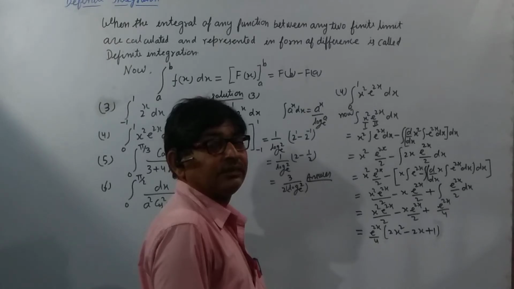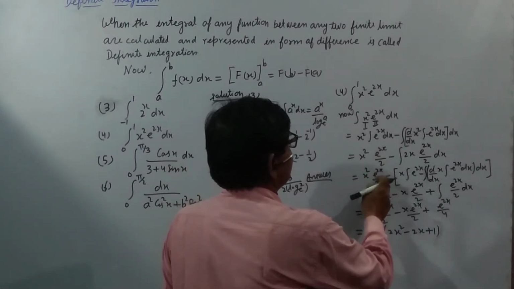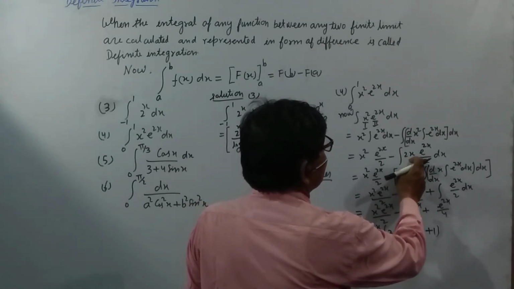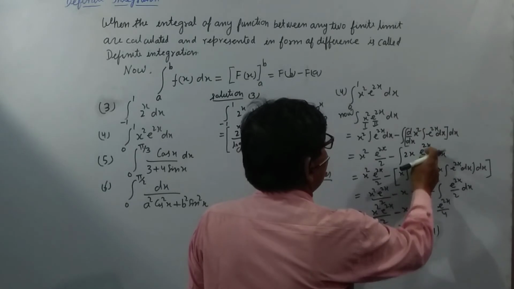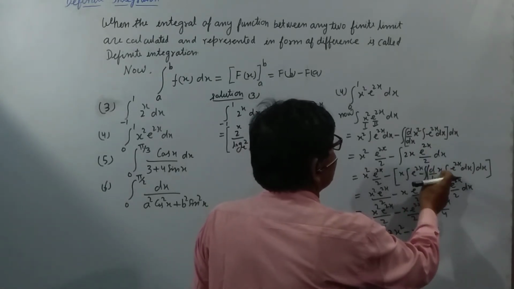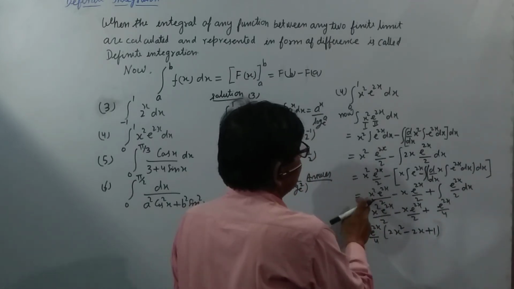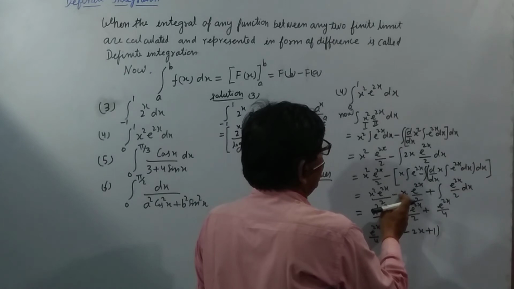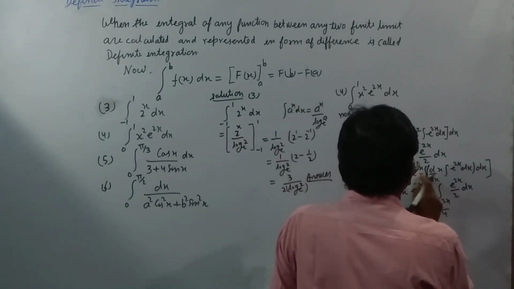Here x square e to the power 2x by 2, minus, 2 and 2 cancel. This is a first function and second function: first function, integration of second and differentiation of first, integration of second, integration of the whole. Here x square e to the power 2x divided by 2, minus x integration of e to the power 2x dx here.